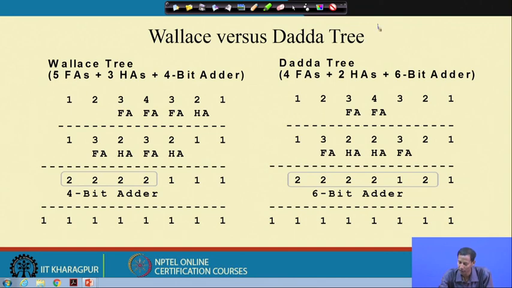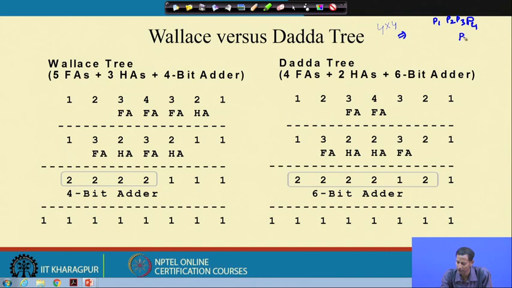We have considered this 4 cross 4 multiplier, right. So, 4 cross 4 multiplier, it gives me what? At the very first I will get P1, P2, P3, P4. Then what I will get?